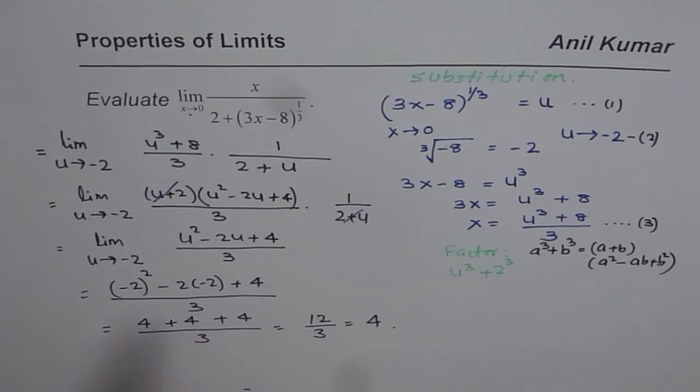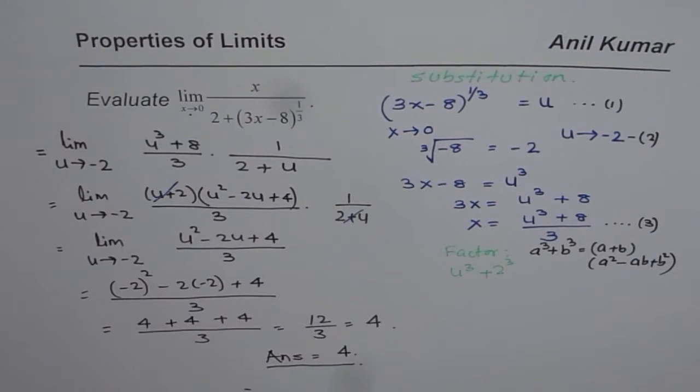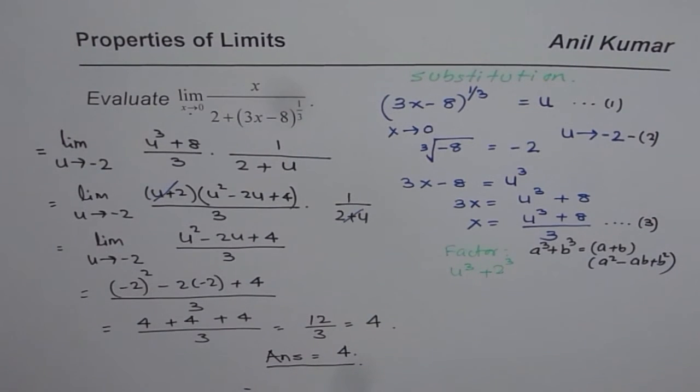So the limit of this function is 4, so we get our answer as equal to 4. So that is how you can find the limit for such a question. I hope that helps. Go through these steps, try to understand the method of substitution, remember the factoring formula, and then solve it. Thank you and all the best.